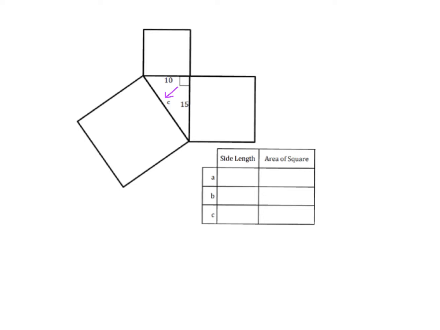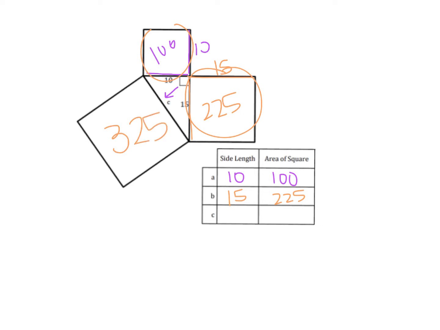Looking at the squares built off my two legs, this first leg has a side length of 10, so its area is 100. The next side has a length of 15, so its area is 225. These two areas added together have to equal the area of the big square, so that big square is 325.